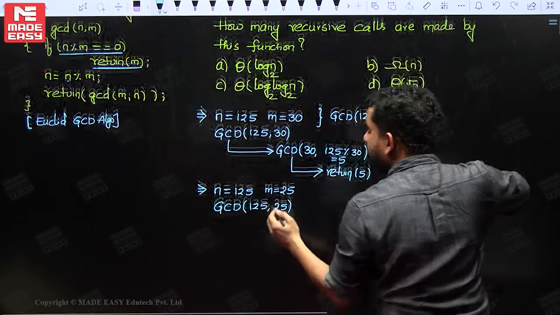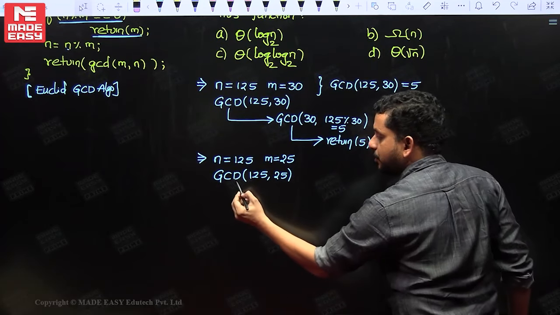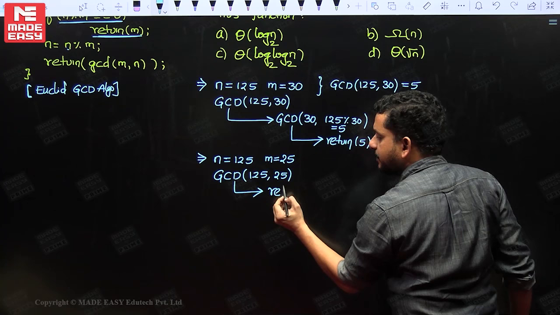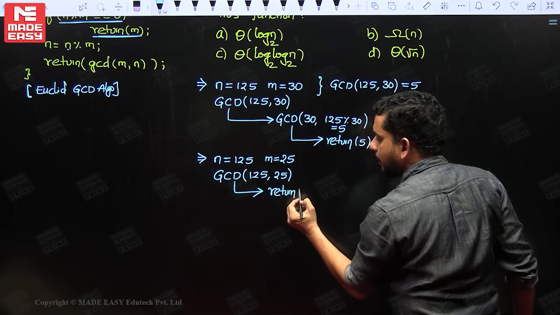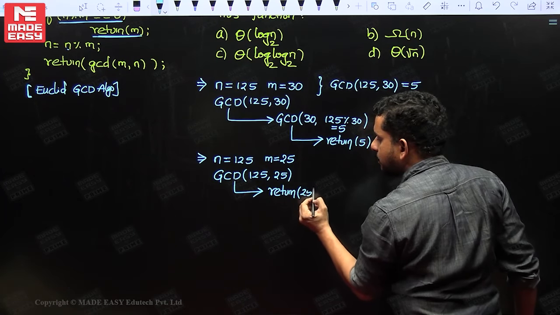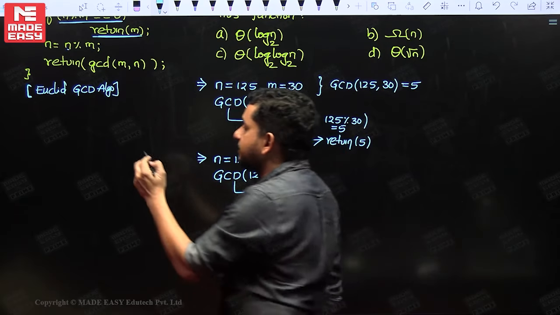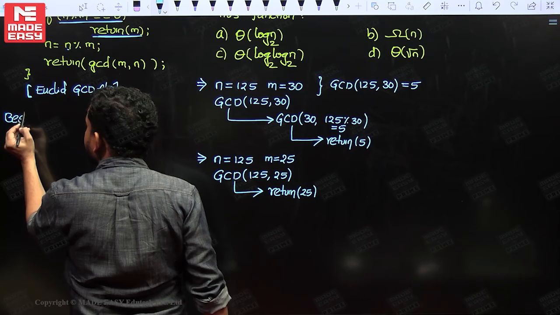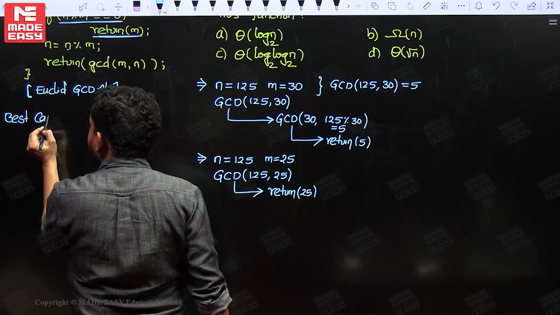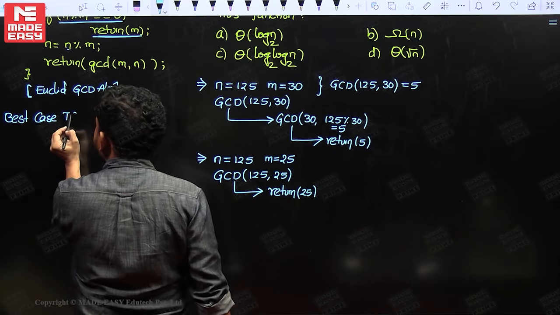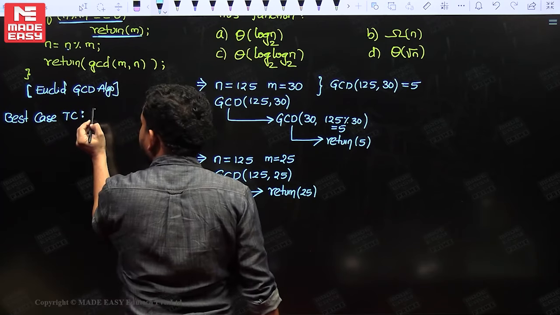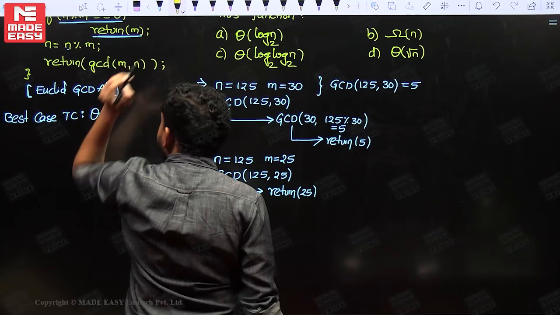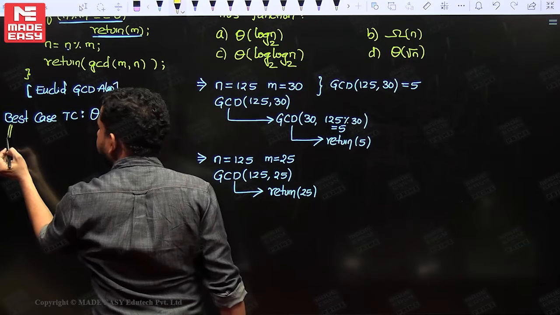So 125 modulus 25 is 0, then the first function call itself returns 25. So the best case time complexity of this Euclid GCD algorithm is constant, order of 1, if n is divisible by m.